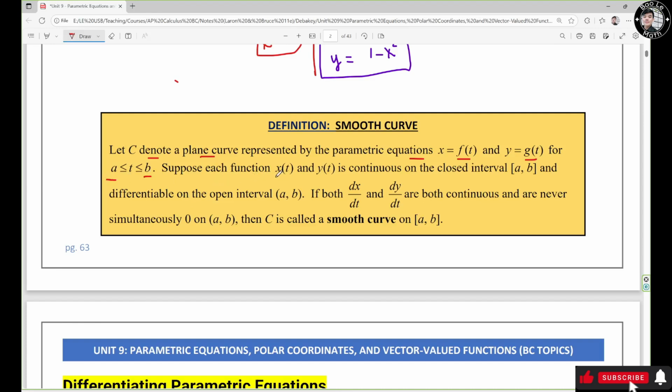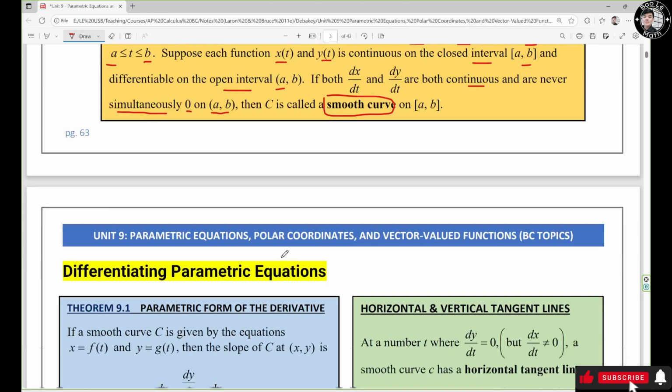Suppose each function x of t and y of t is continuous on the closed interval a, b, and differentiable on the open interval a, b. If both dx over dt and dy over dt are continuous and never simultaneously 0 on the open interval a, b, then C is called a smooth curve on the closed interval a, b.